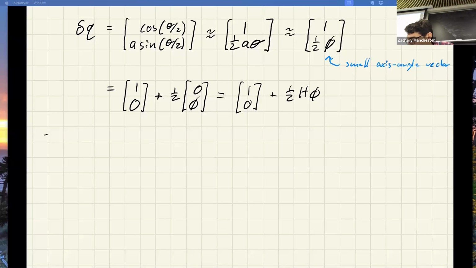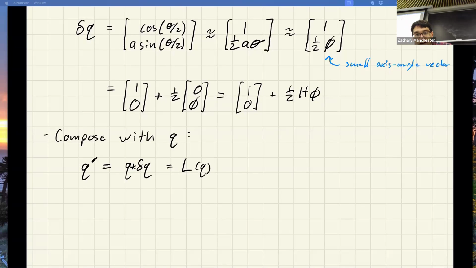Okay, so let's try now composing this little rotation with a finite rotation Q. Let's see what happens. The idea here is I want to compute some perturbed Q prime, which is going to be Q times a delta Q. Using our notation, this is L of Q, times this guy, identity plus 1/2 H E, which we just figured out.